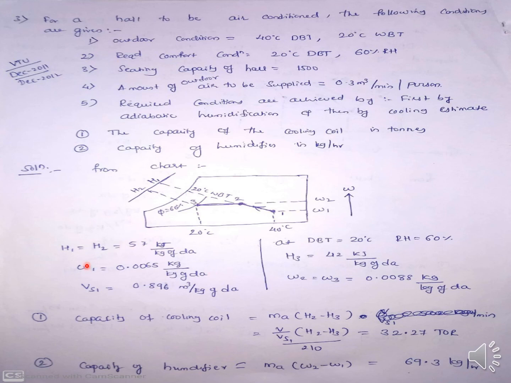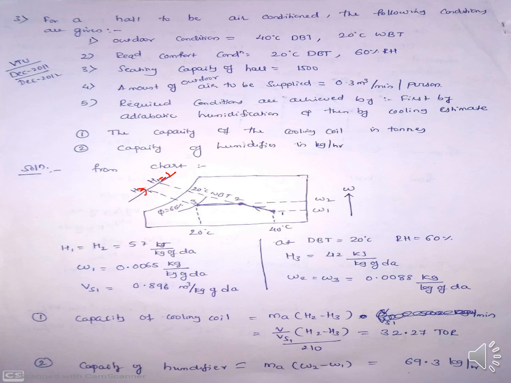So this is the condition. From the chart, H1, H2. Sorry, here I have written H2, it is H3, I will change it here. This is H3, and H1 is equal to H2. So here I have written H1 is equal to H2.